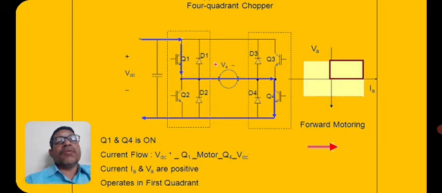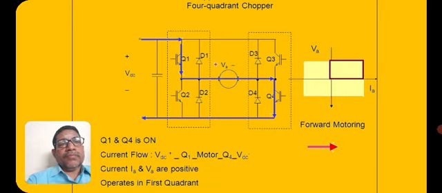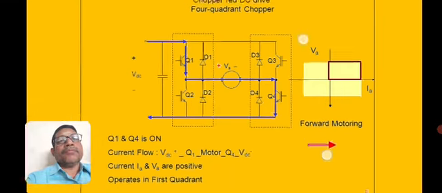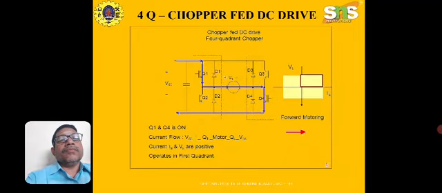Therefore, it is the first quadrant, since current and voltage are positive. It is mentioned as forward motoring mode. Any doubts in this direction of current and the terminals of the voltages?